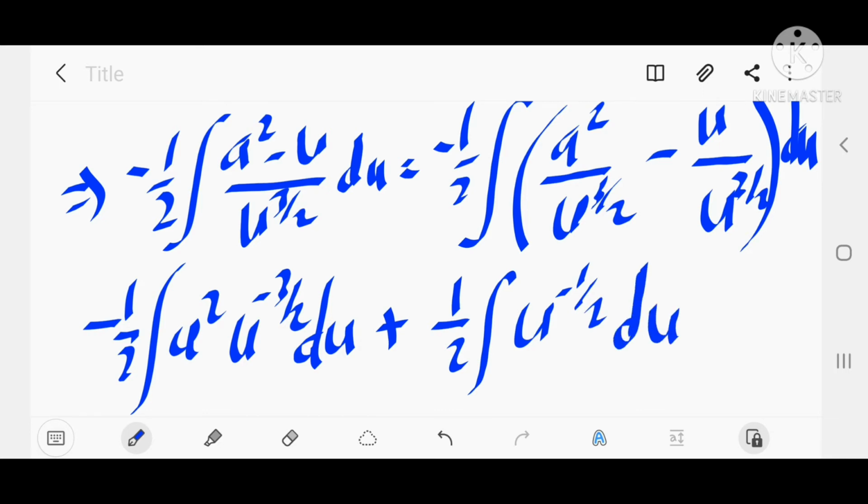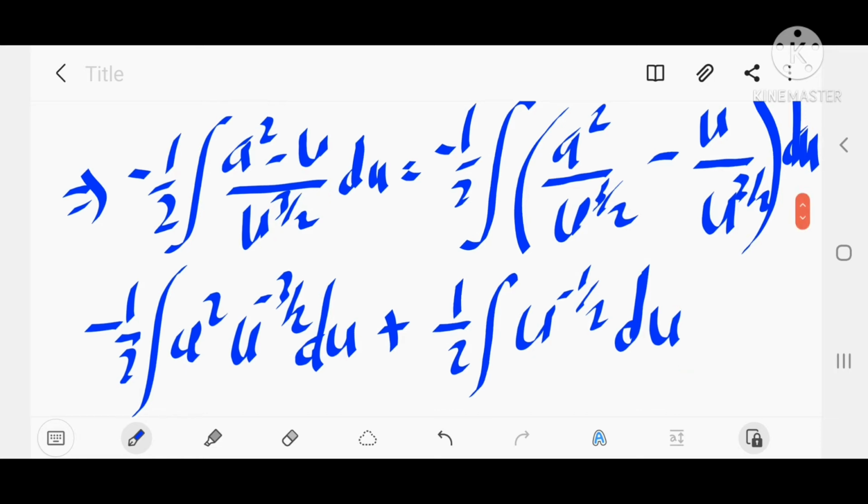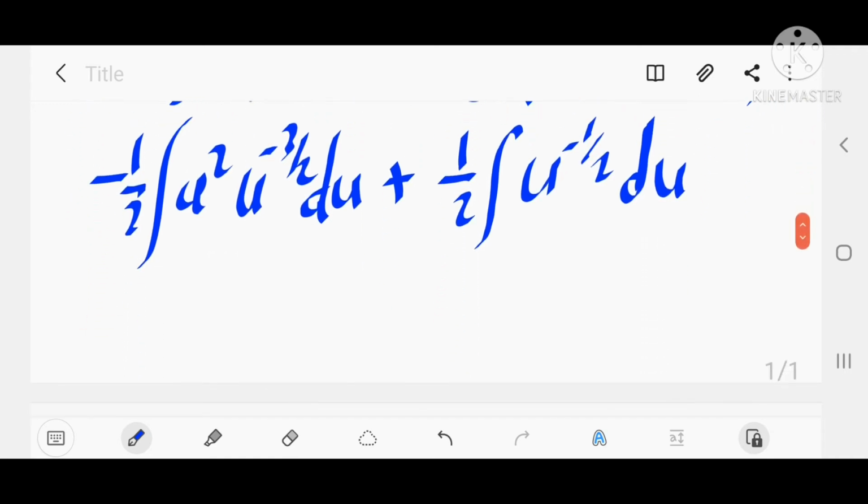So we can simplify it further, and we can integrate now.